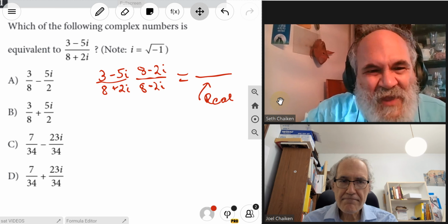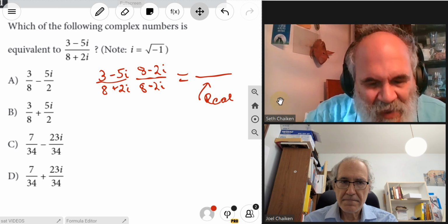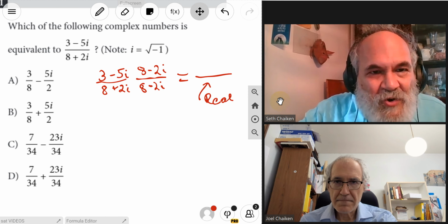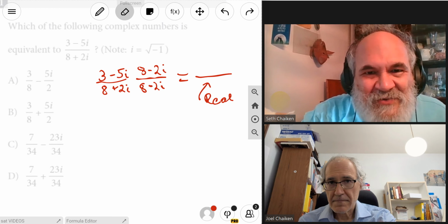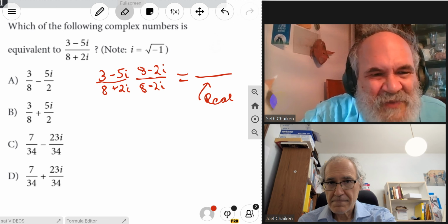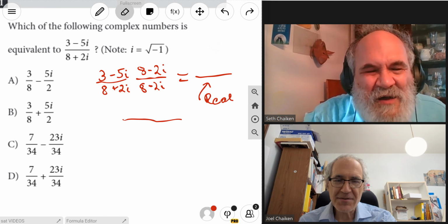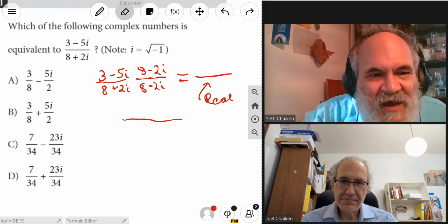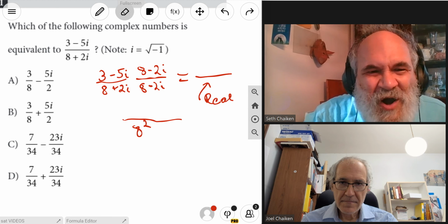And now multiply the top and the bottom separately according to the rule for multiplying complex numbers. Let me erase it, Seth. You do the numerator. Okay, fine. So to get the denominator, I get 8 squared, and 2i times minus 2i.